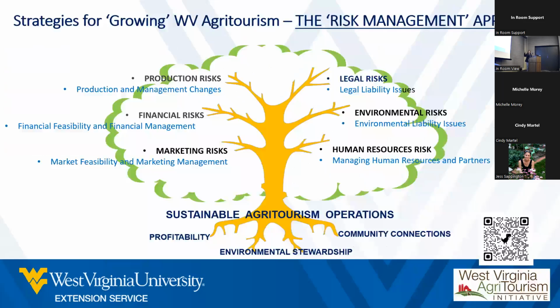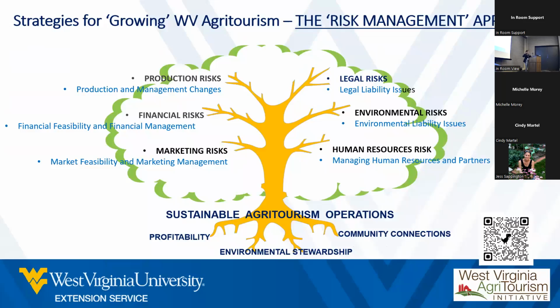But this is the last approach. When you talk about business planning, should we approach it from a risk management approach? And I hope you guys don't miss the forest for the tree. I have my tree here with the roots.